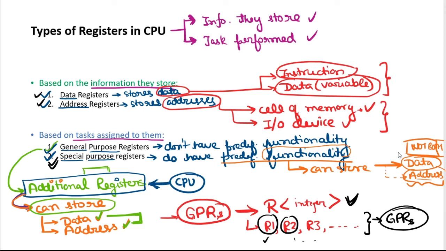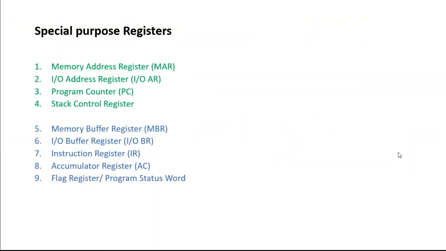And in any CPU nowadays, there are 9 basic special purpose registers that are present. So what are those 9 special purpose registers? These are those 9 special purpose registers. You can see there is a color scheme for 4 of them and 5 of them.